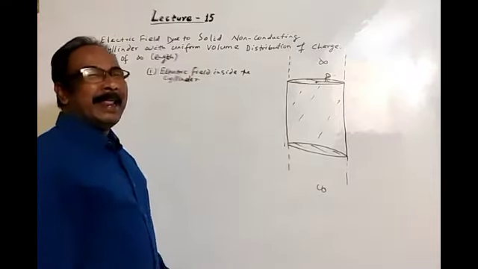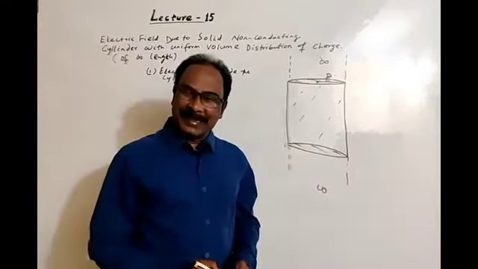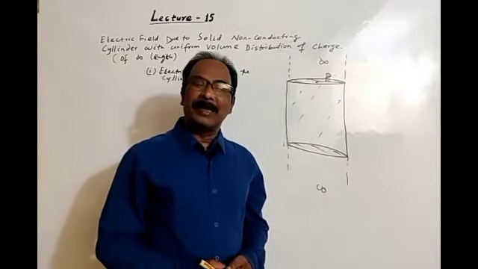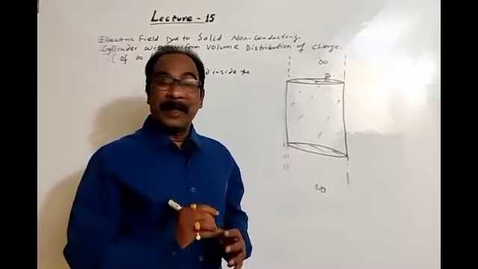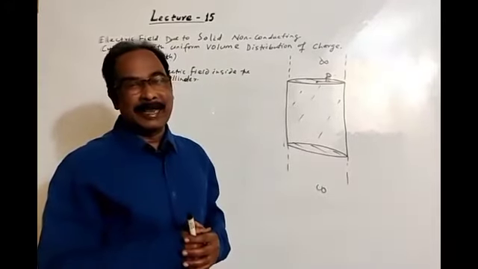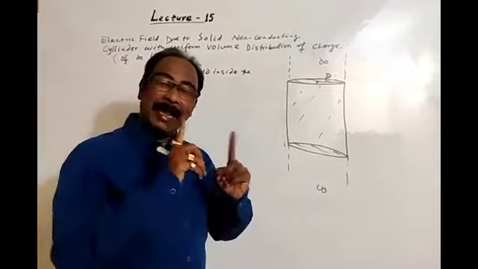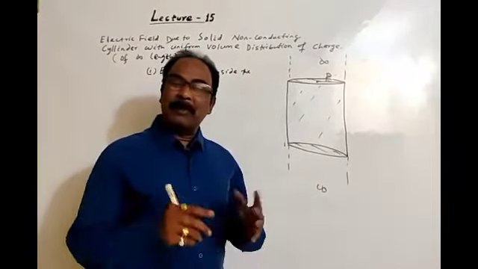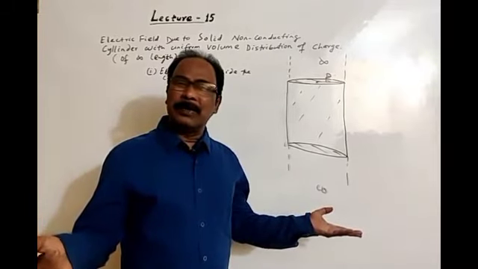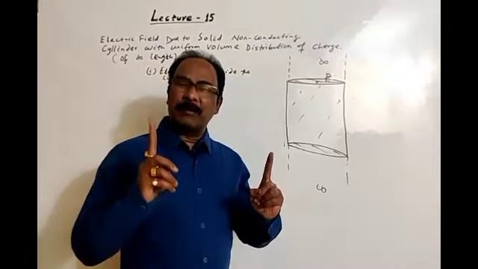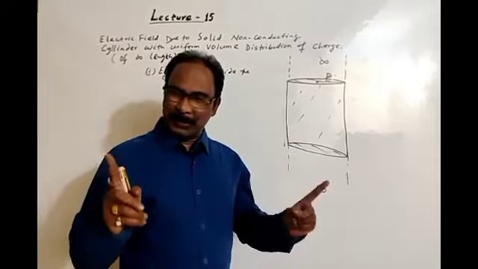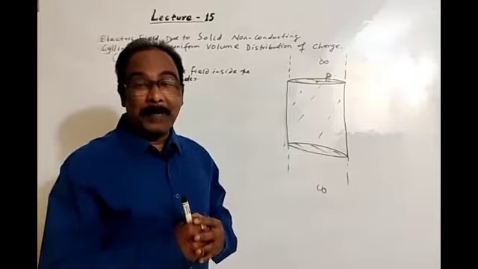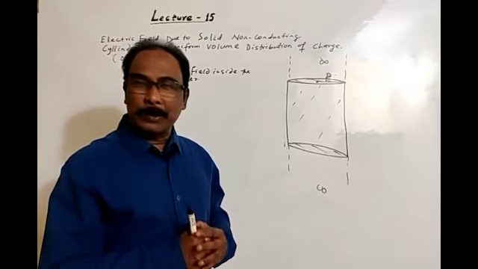Okay, again I would like to repeat the discussion. When we find the electric field by applying Gauss law, the first step is to consider a Gaussian surface, and that Gaussian surface must enclose a charge. If the Gaussian surface doesn't enclose any charge, then the flux through the surface is zero, since the flux is 1 by epsilon naught times the charge enclosed.